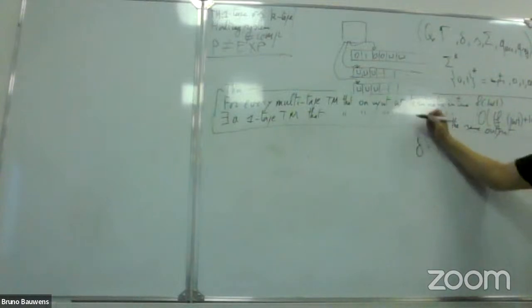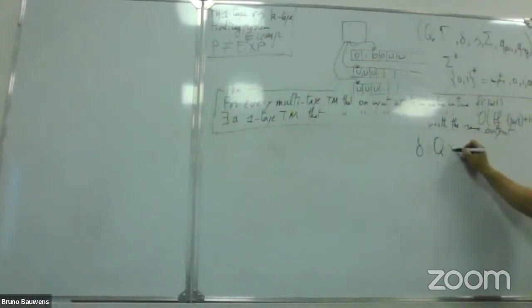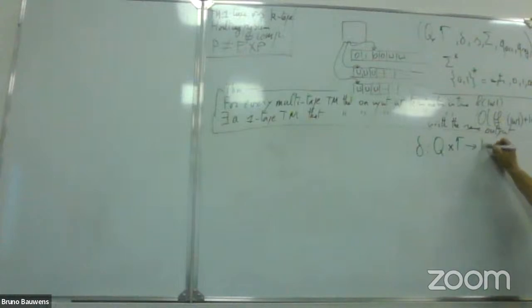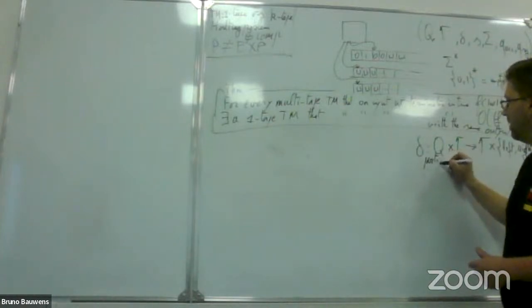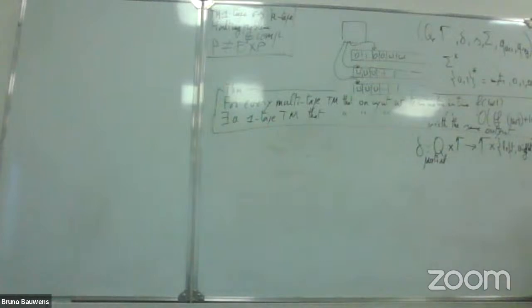So delta is a function from Q times Gamma to Gamma times left or right times Q. This is the transition function, and it is a partial function. It might happen that in some state and on some symbol the machine has no rule what to do next, and then the machine terminates.